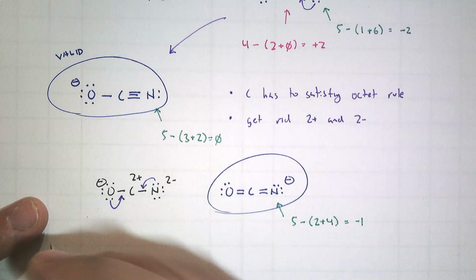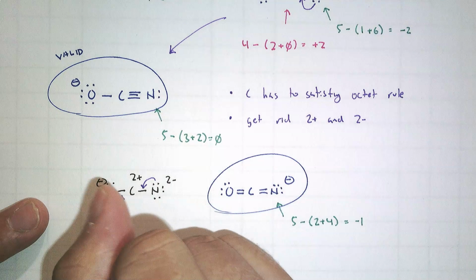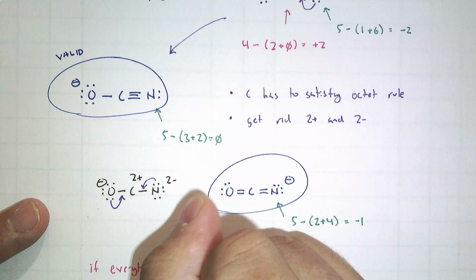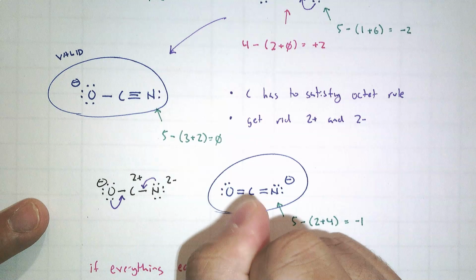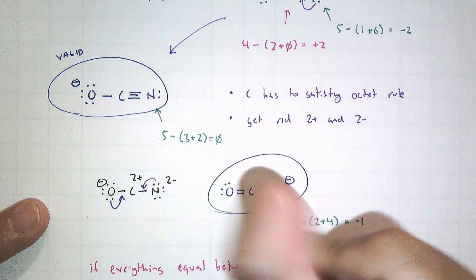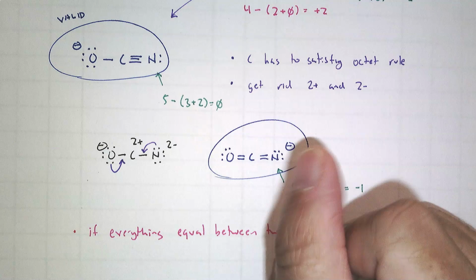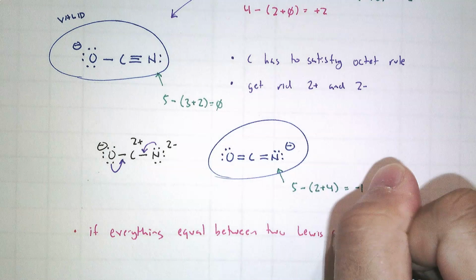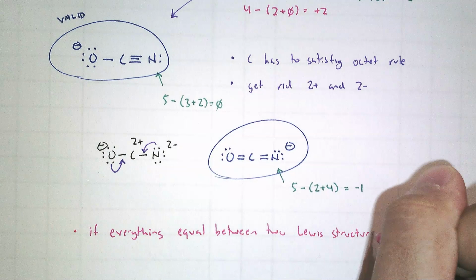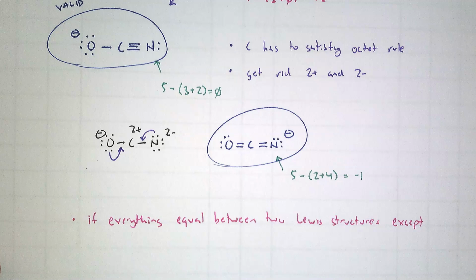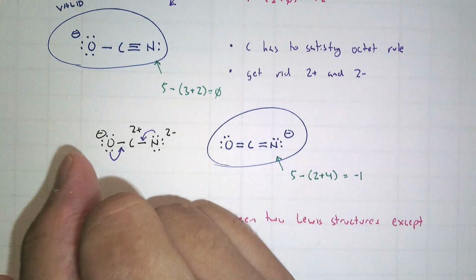So if everything is equal between 2 Lewis structures, this is an important rule, between 2 Lewis structures, except for what? Except for the location of the negative charge.